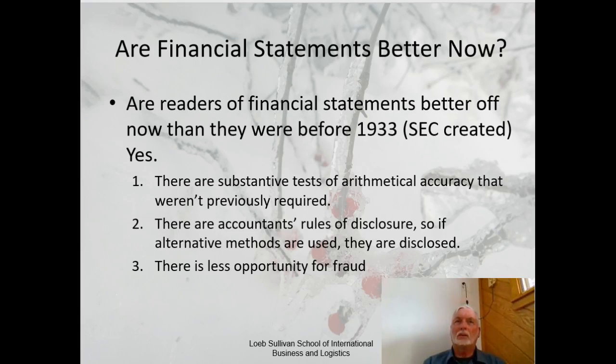And everything is disclosed. So you guys have looked at some financial statements, done some common sizing. I'm not sure how many of you spent some time looking at the notes to the financial statements, but the notes are extensive.